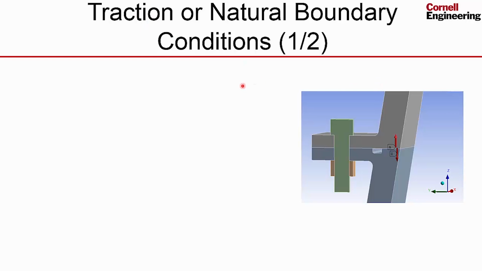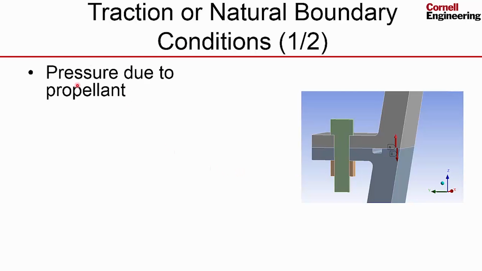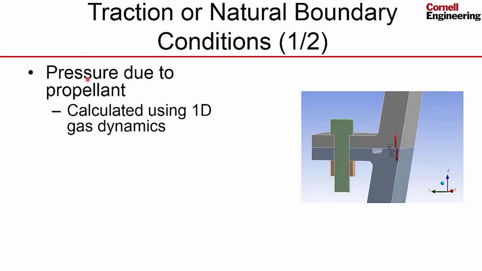Let's talk about traction or natural boundary conditions on the model. You have a normal traction due to pressure from the propellant. So you have hot gas flowing through the nozzle, and this boundary condition models the pressure due to that.